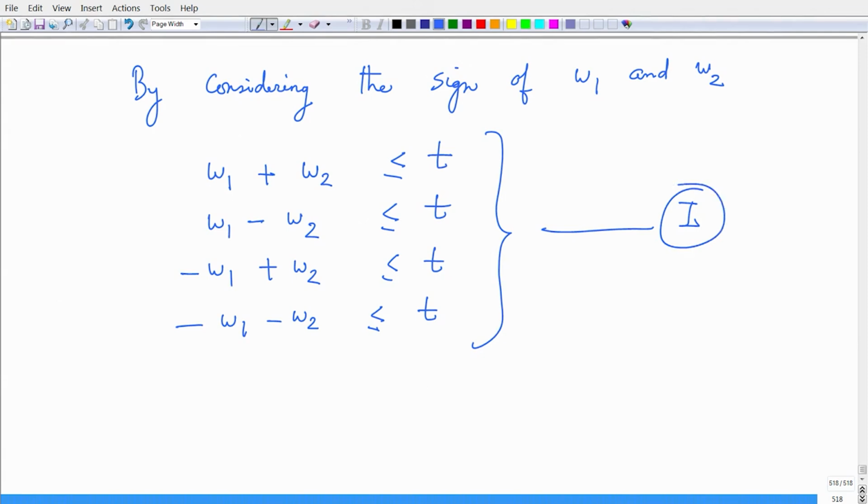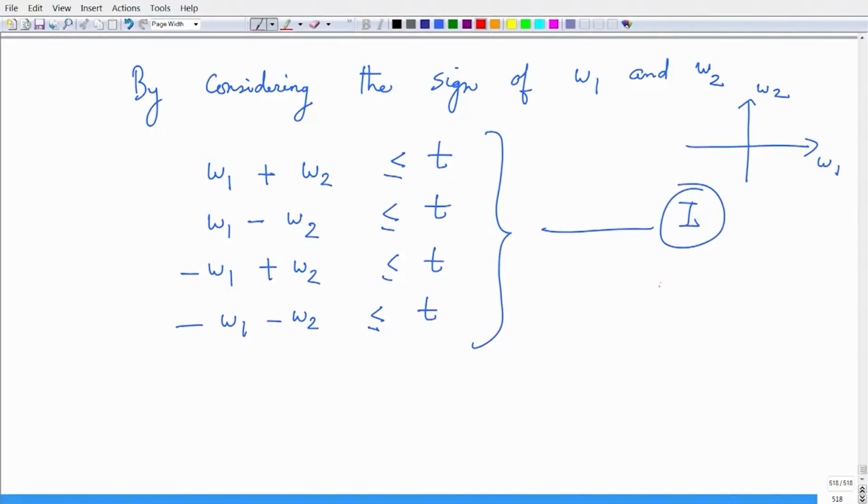So you can plot this in the W1 W2 plane, it is a straightforward set of inequalities. I have 4 inequalities. You can plot the graph, right. You have slope of 1, slope of -1. You can imagine how this geometry looks like, right.